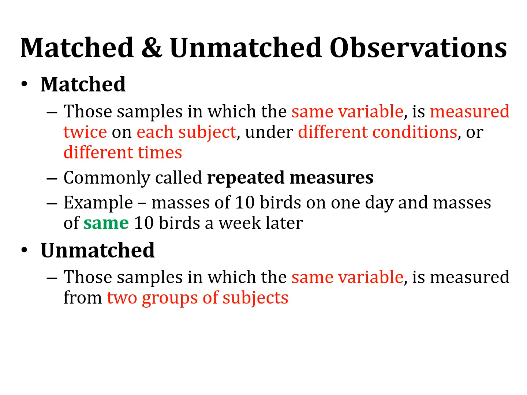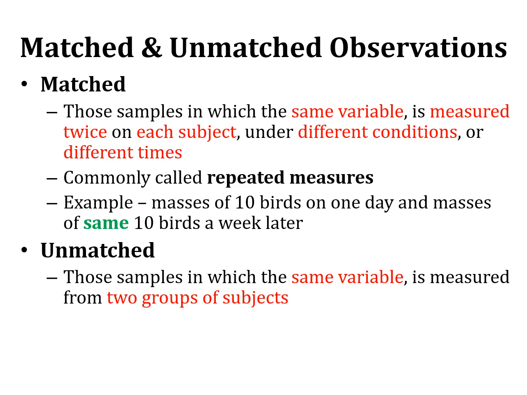Then we have the unmatched observations, which are samples in which the same variable is measured from two groups of subjects. In this case, we are not taking repeated measures; rather, we take the measurement only once, but this time from two groups of subjects.